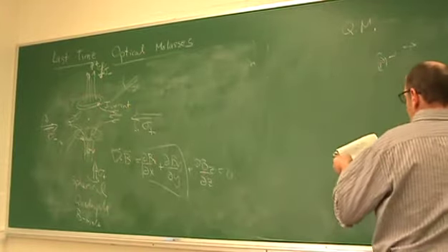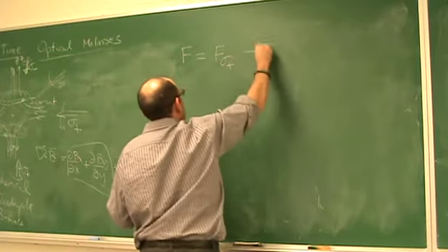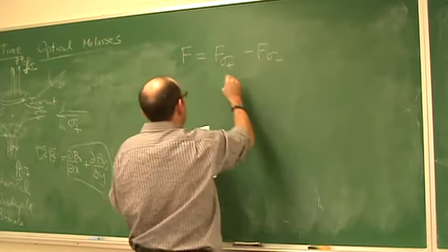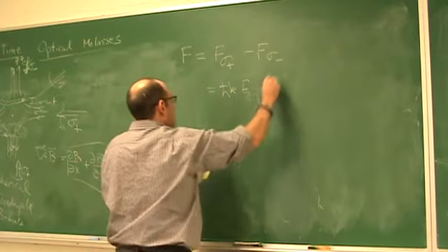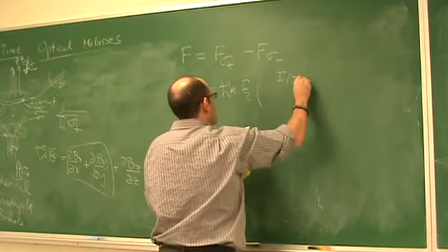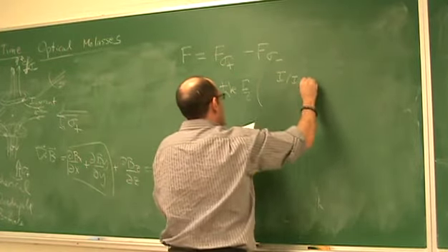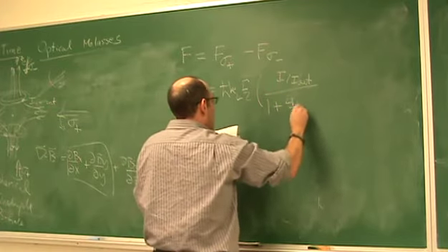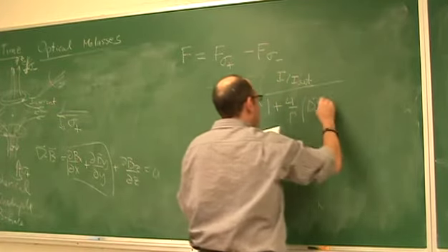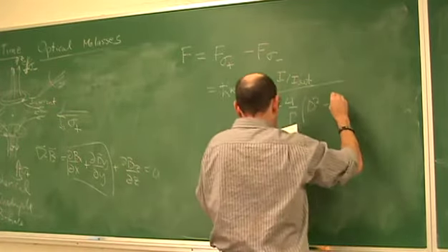Along any direction, the force is the countering forces between the sigma plus and the sigma minus forces, which is the scattering rate times h bar k from each of these, where now, in addition to the Doppler shift, I have the Zeeman shift.